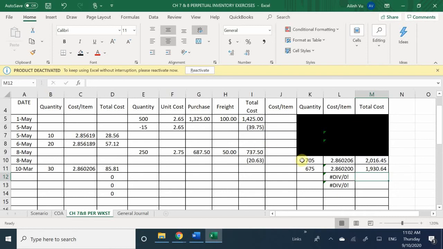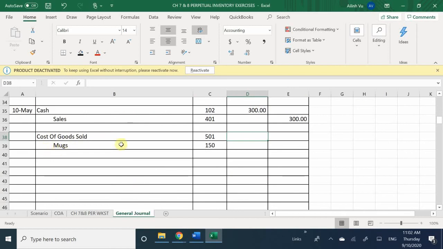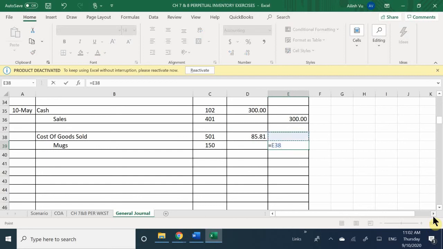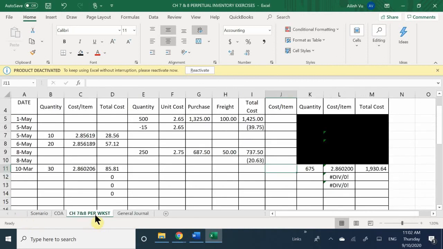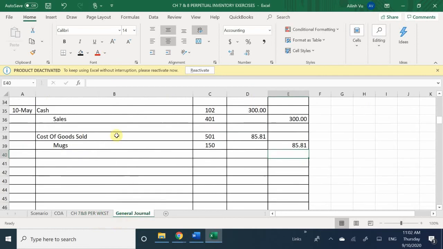We no longer have this, so we can eliminate it. So now we know that we sold $85.81. General journal. 85.81 is our answer. Let's double confirm that. 85.81. Good. And I'm going to also indicate here.